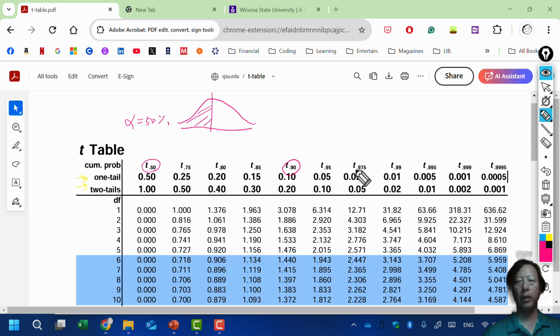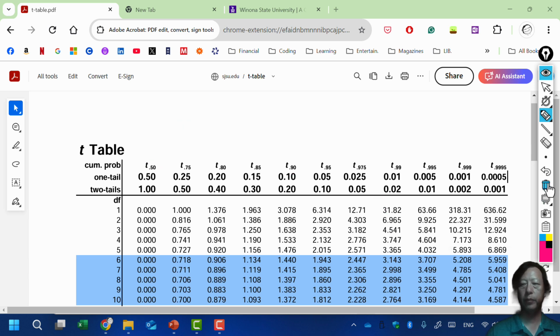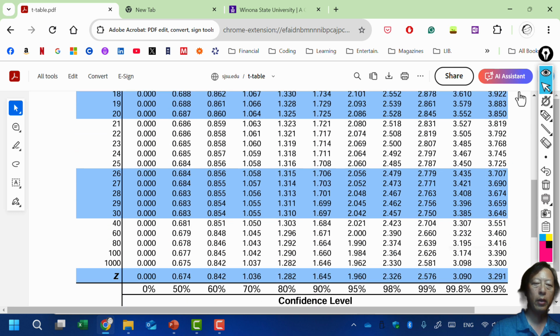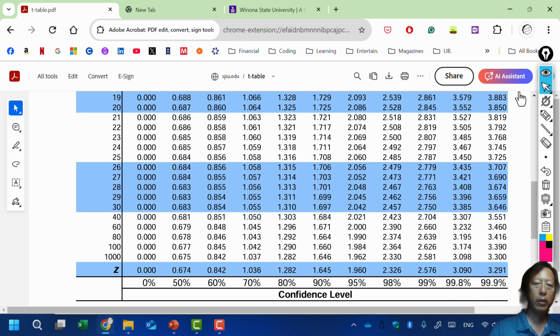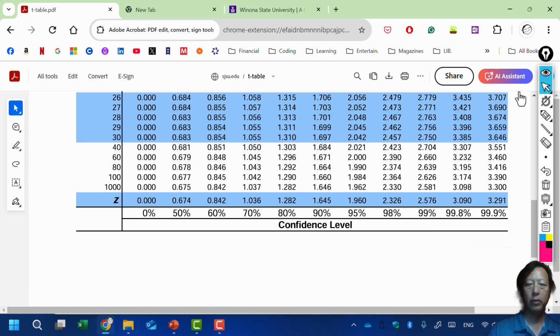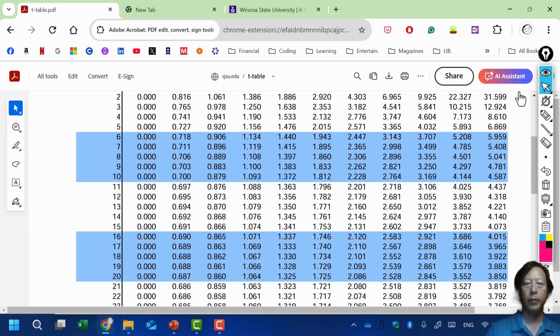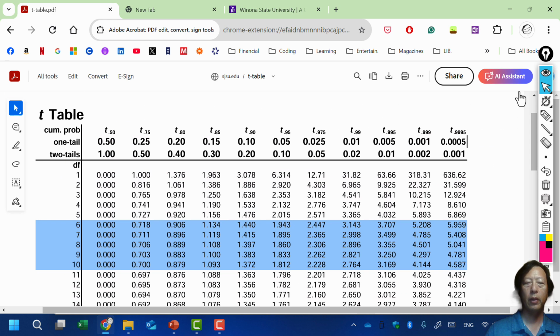So you have to find out the right t, and then you have to find the degrees of freedom. When the degrees of freedom is greater, then you can just use some approximation. And this is about the confidence level, and you can find whatever you want. Okay, this is a critical t.